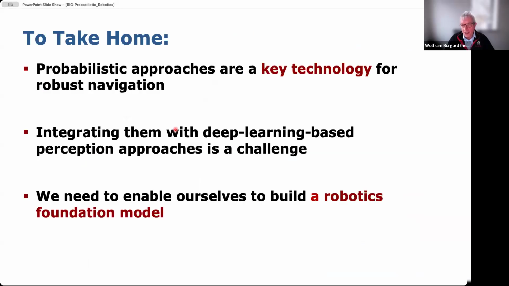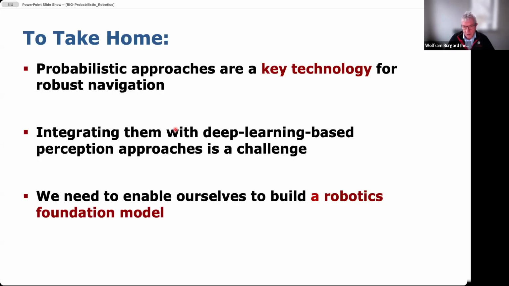I hope that I could show you that probabilistic approaches have quite some power for robust navigation, and that integrating them with deep learning-based perception approaches is a challenge, but it's the way to go when you think about building a robust system.